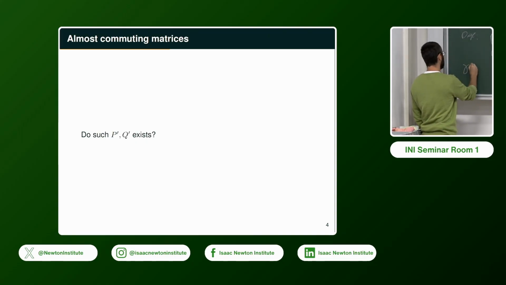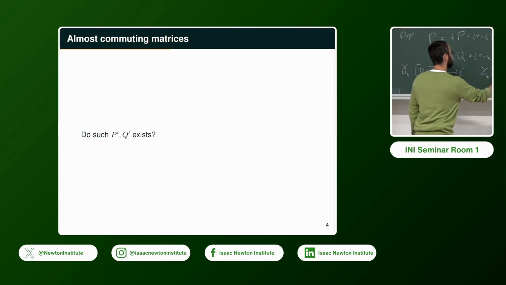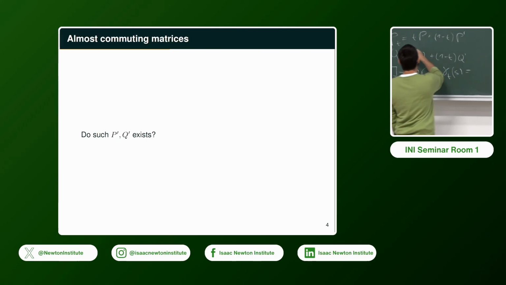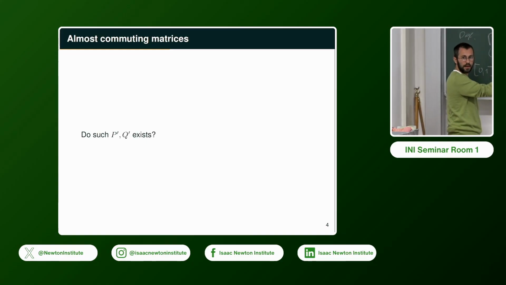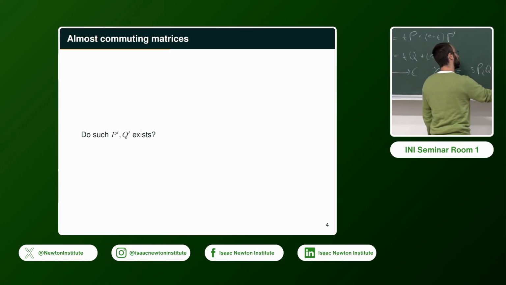So let's define gamma_t, from [0,1] to the complex plane. Gamma_t of s will be equal to, now I'm kind of measuring commutativity between those two things, s p_t q_t plus (1 minus s) q_t p_t.